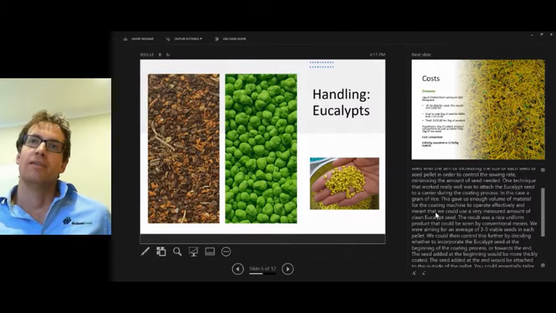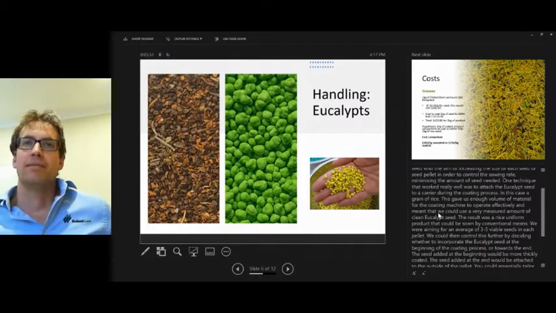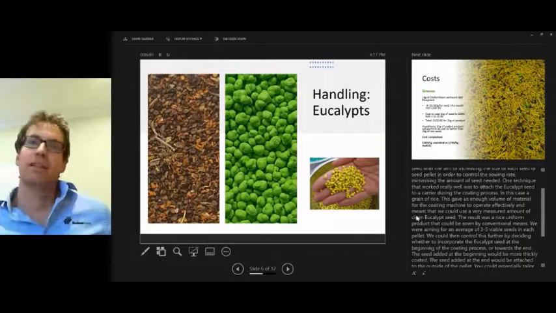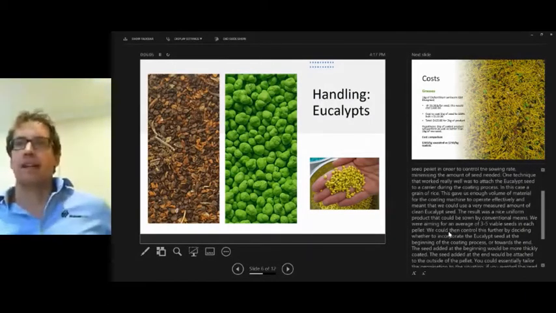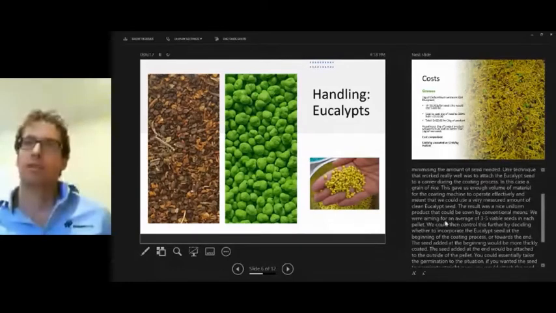So if you tried to coat a small handful of eucalypt seed, it simply won't roll evenly in a coating machine, so you have to have a certain bulk of material for any coating to occur properly. So we ended up with a nice uniform product which could be sown with all the conventional means mentioned before.